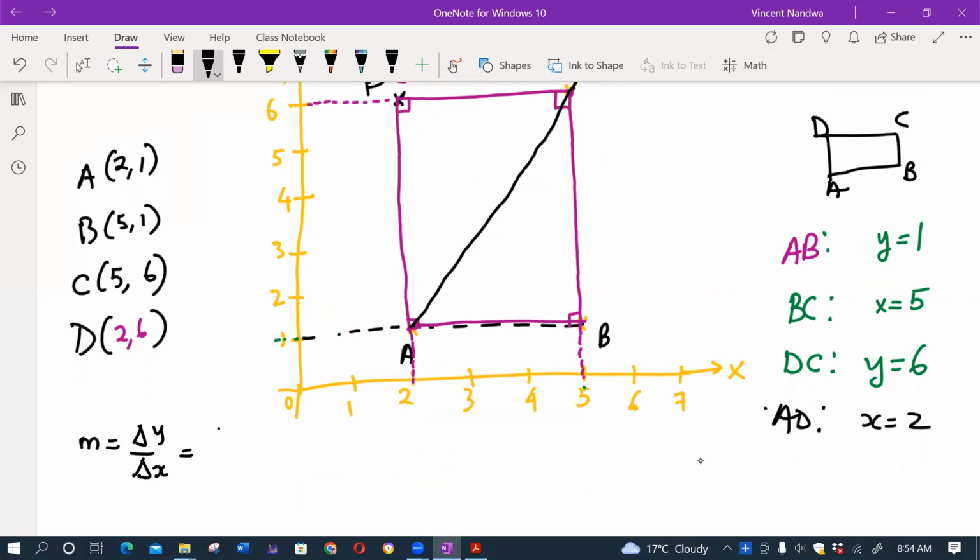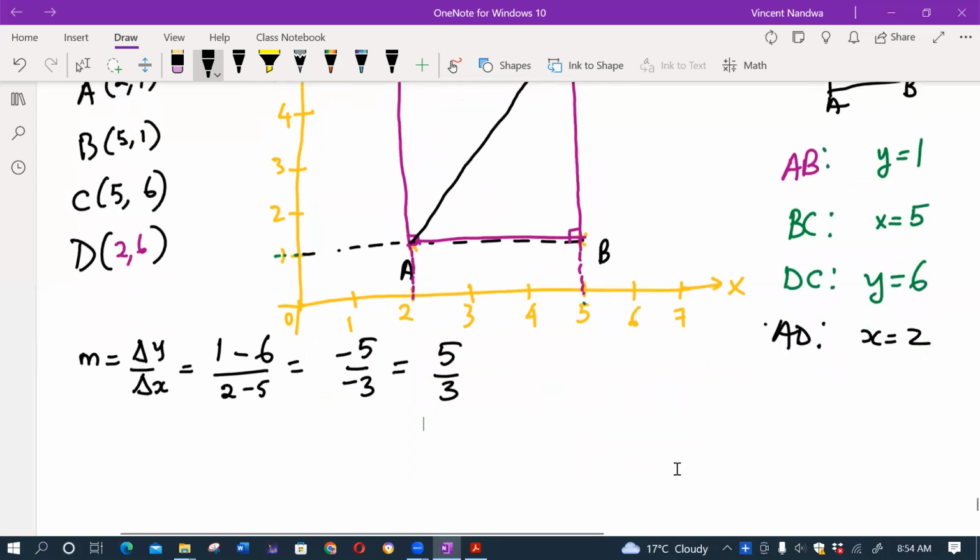So 1 minus 6 over 2 minus 5, which is minus 5 over minus 3, which is 5 over 3. Then the equation of the line is y equals m(x minus a) plus b, the equation of a line with gradient m passing through the point (a, b).